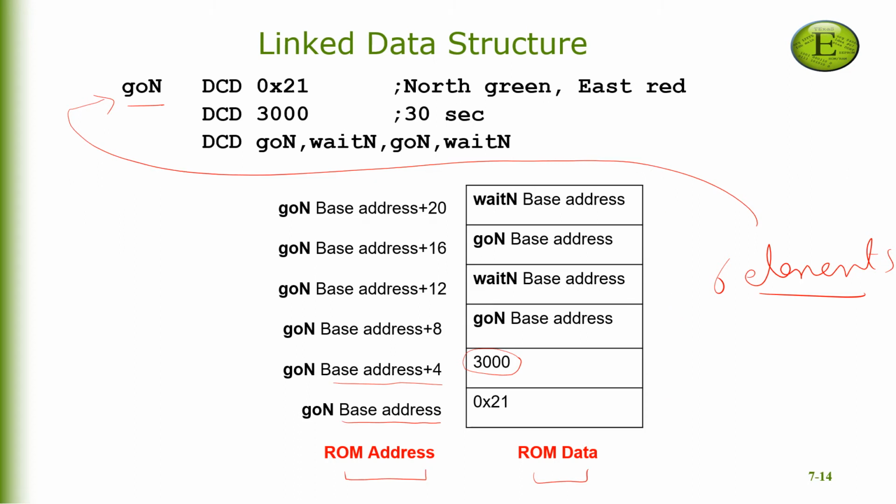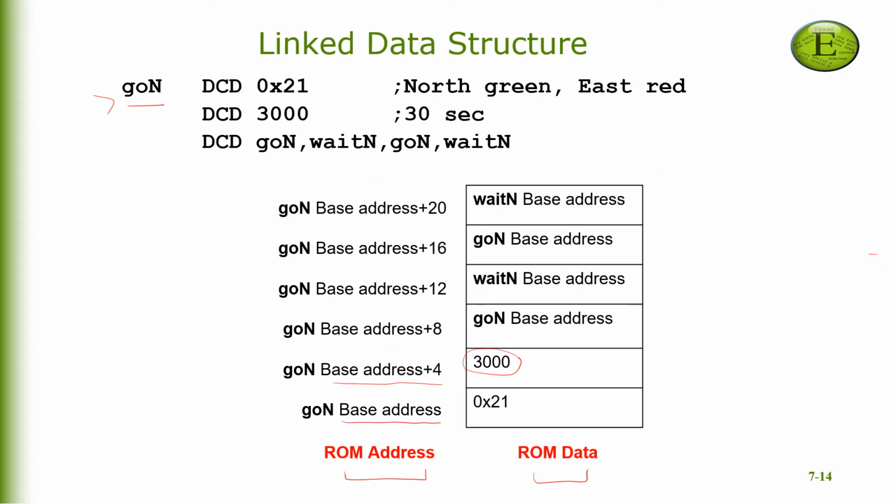So let me write down the indices here. Index number 5, 4, 3, 2, 1, 0. And over here, if you match these indices with the offset, so whatever is written after plus in the address section, these are the offsets.